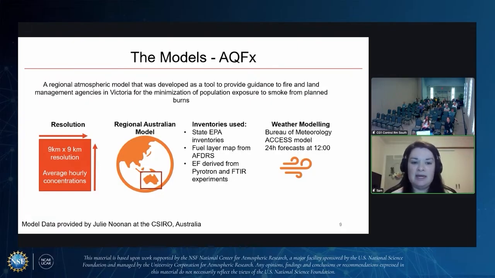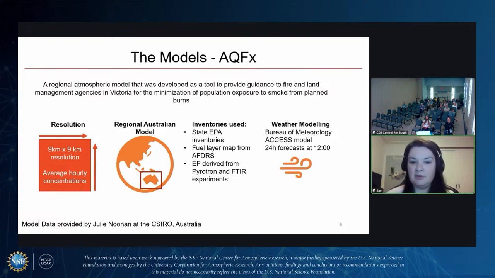I've also put here the inventories used, which are the State Environmental Protection Agency inventories. They've developed specific data for the fuel layer map from the AFDRS, and they've also determined experimentally their own emission factors and used these in this particular model.